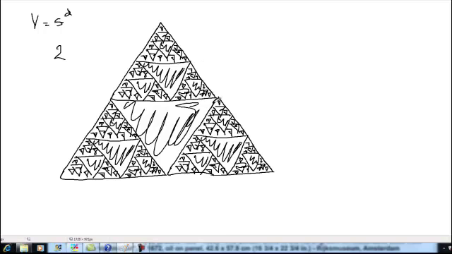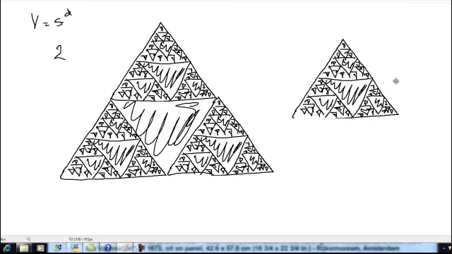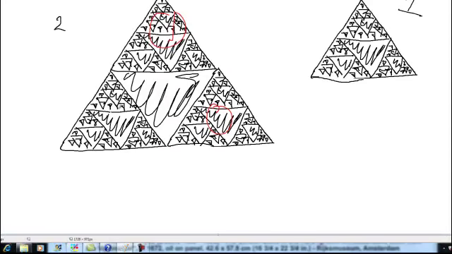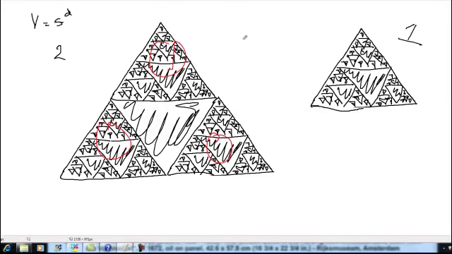So what we have ended up with, if the thing that I started with had area, volume, whatever you will, 1, is 1, 2, 3 copies of this initial thing. So I've got 3 here as my V.